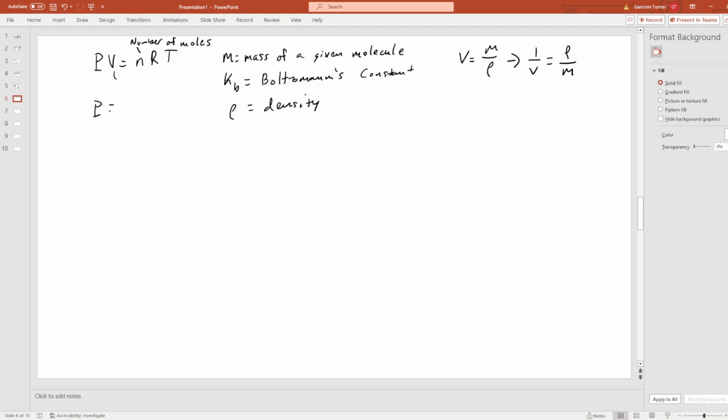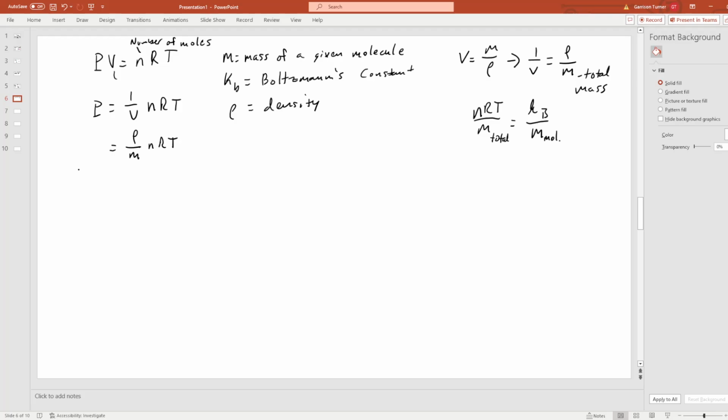So my pressure is equal to 1 over the volume times nRT, but this is equal to rho over m times nRT. And at this point, this m is your total mass. Okay, but nRT over m, with m as your total mass, becomes the same thing as Boltzmann's constant Kb over the mass of a molecule.